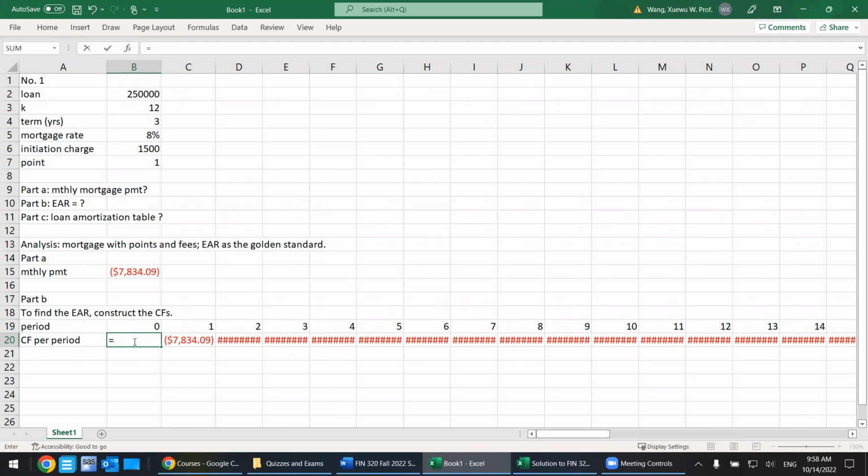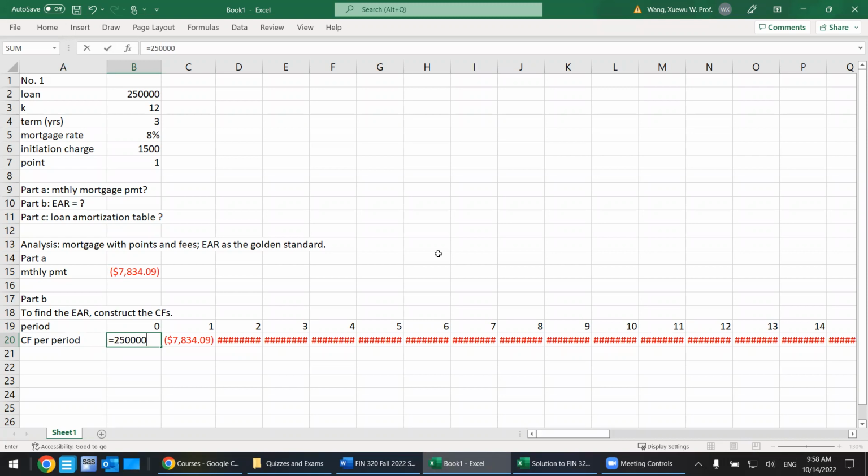So remember, the existence of the points and fees apparently affects the cost of the mortgage. And this also creates the difference between the amount you borrow and the amount you get. The amount you borrow is $250,000.